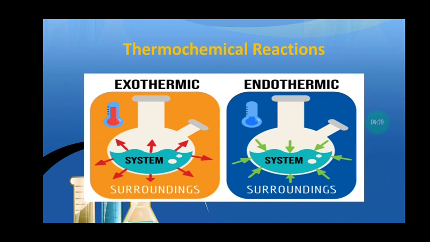On the other hand, endo means taken in. The type of thermochemical reactions in which heat energy from the surroundings is taken in or absorbed into the system are called endothermic reactions. As a result, our surroundings become cooler, or their temperature decreases.